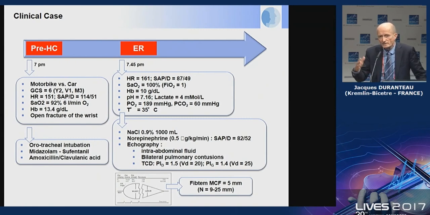So the question is still in debate, but I think that if you start norepinephrine quickly, and when the bleeding is stopped you decrease the norepinephrine quickly, and you are deeply concerned about the volemia of the patient, I'm sure that it's beneficial.